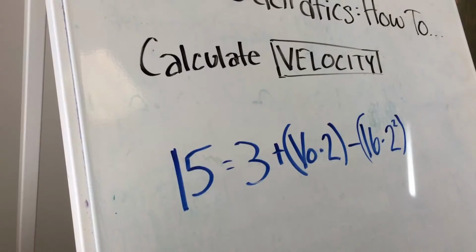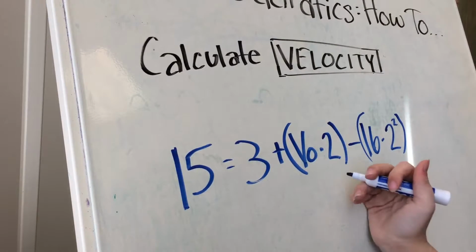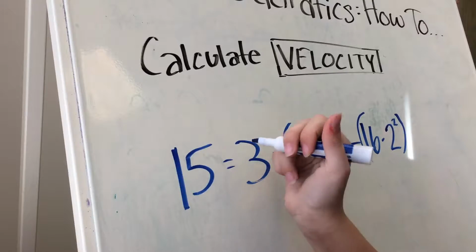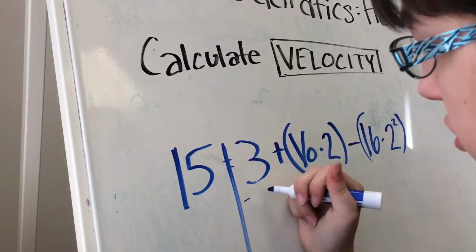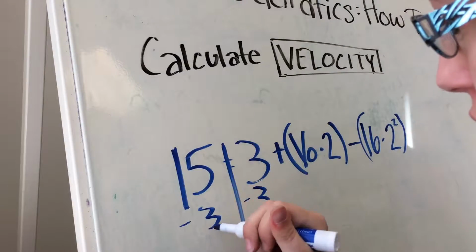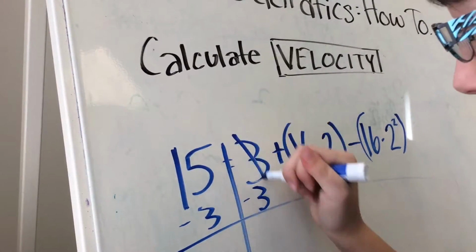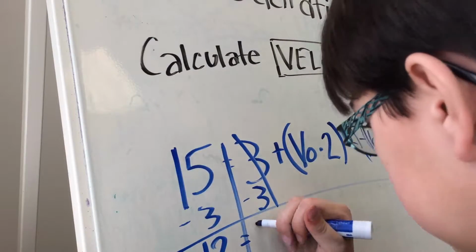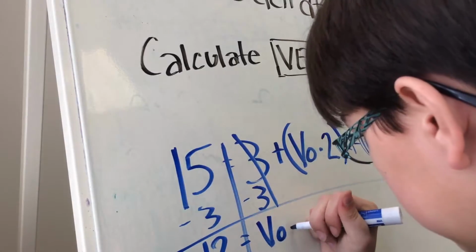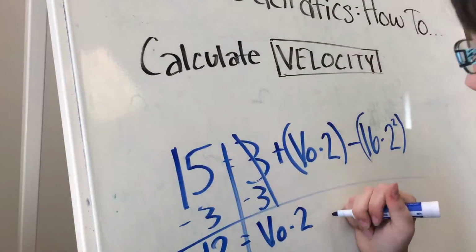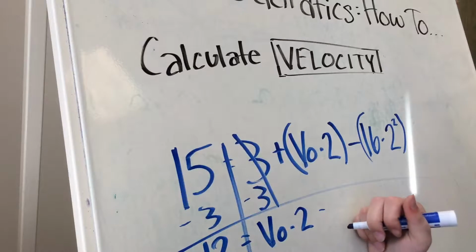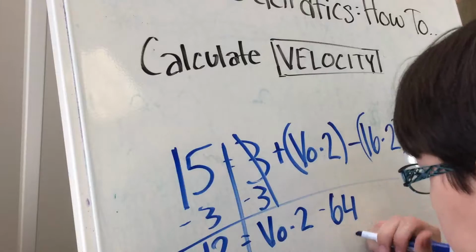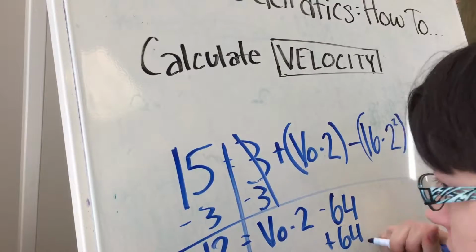I've added time in, so our time's going to be 2 seconds. So now let's try this. Sixteen times 4 is 64. Do plus 64.